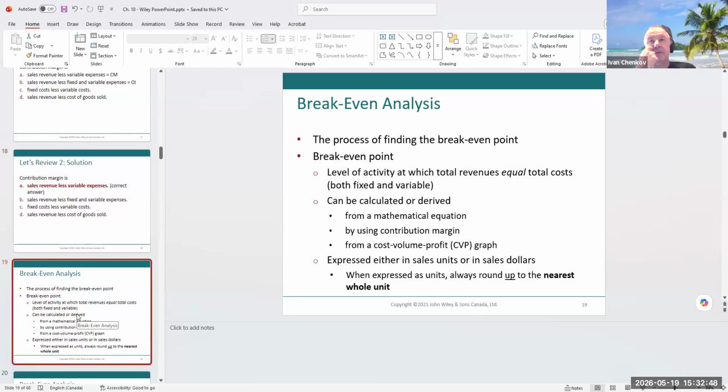Let's go with the break-even analysis. The break-even analysis is a simple mathematical equation which is going to help us to understand what's going to happen if we increase the profit or decrease the profit, how much we can decrease or how much increase, and how the sales affect our profit.